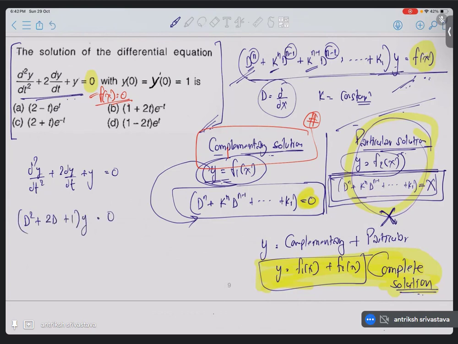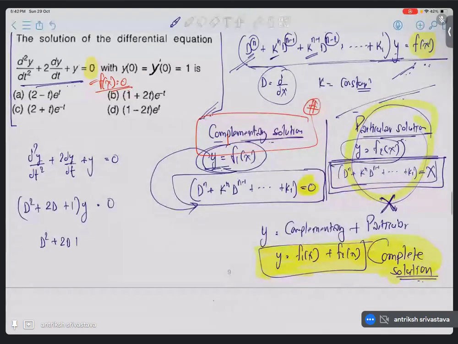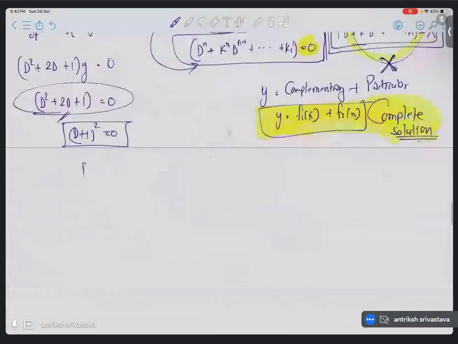Now to get the complementary solution, we solve the quadratic equation in D. When you look at this expression, we can see it is (D plus 1) whole square. So the root or the solution for this equation is D is equal to -1 and -1. So two solutions are there and they both are repeating, right? So how do we go about doing this?